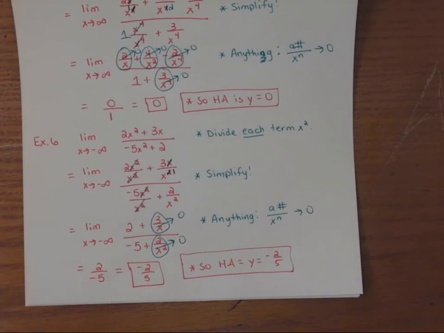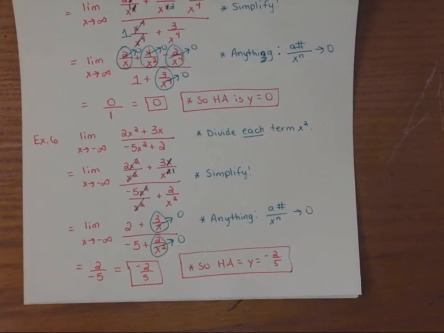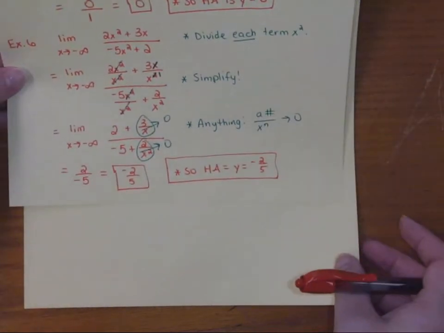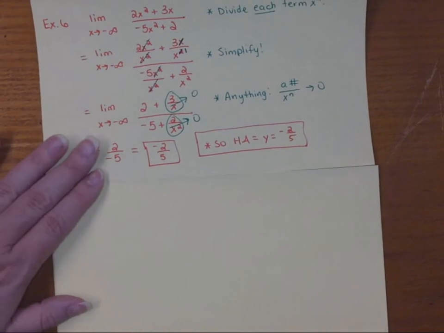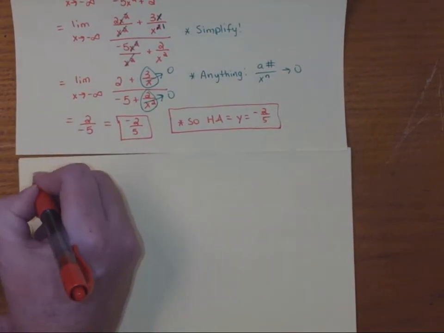So keep in mind here that we only use this method when we're doing x goes to infinity or x goes to negative infinity. And really, we just have to practice our algebra simplification. That's probably the biggest part of this.